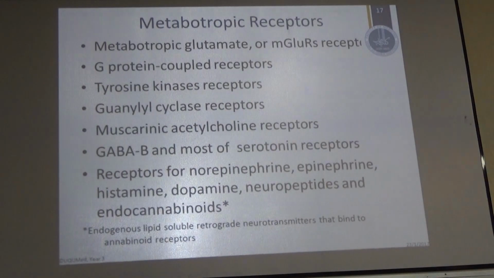Now, see, tell me what is metabotropic. Read it and tell me. Because I explained to you the difference between inotropic and metabotropic. I need you to know very clearly. Inotropic receptors are those where the ligand comes, and they are related to a ligand-gated ion channel.